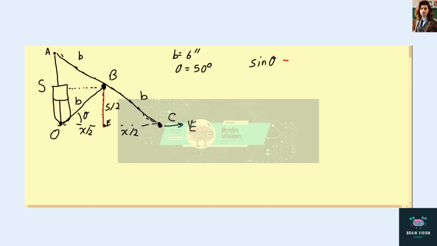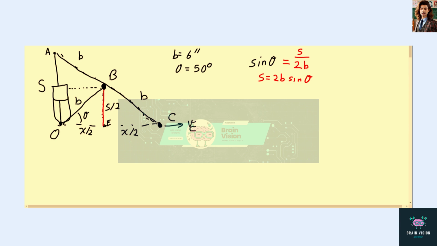And divide that by the hypotenuse of that triangle, which is just B. So that's S over 2B will be our sine of theta, which we can rewrite for S. So S equals 2B times the sine of theta.